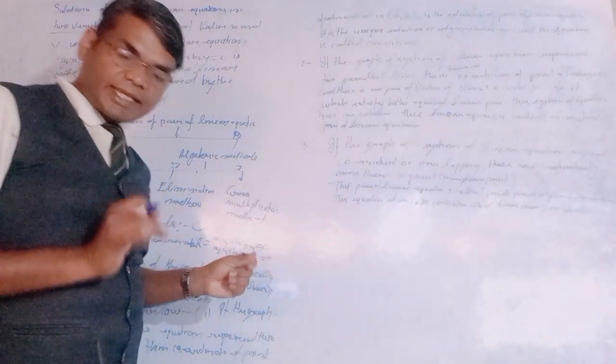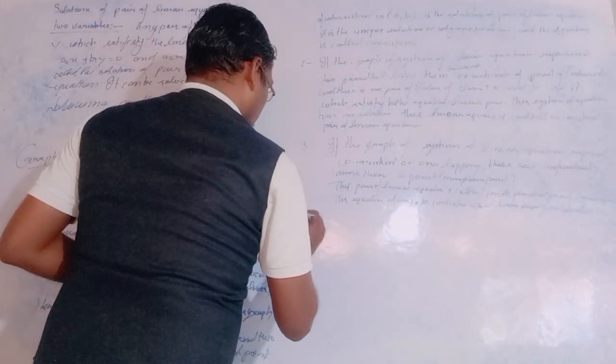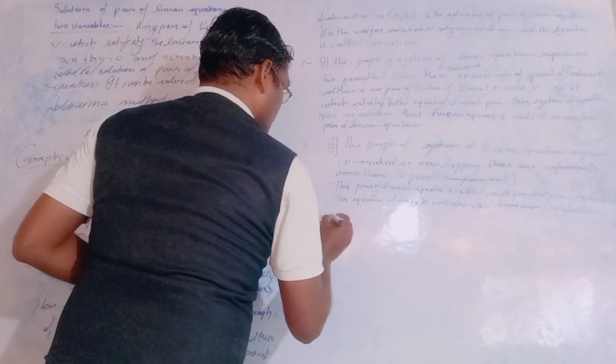Suppose that we take an example. Okay, so here is the example. Write the equations of the line passing through the points representing the solution of a pair of linear equations.